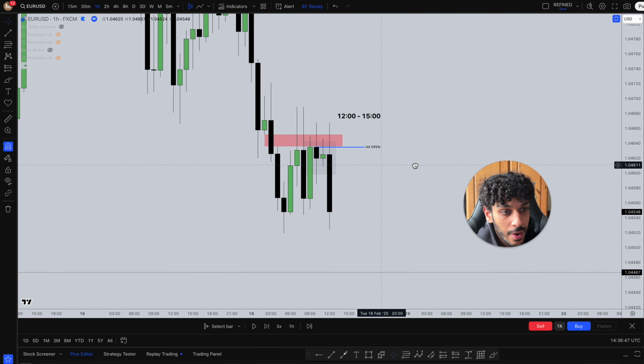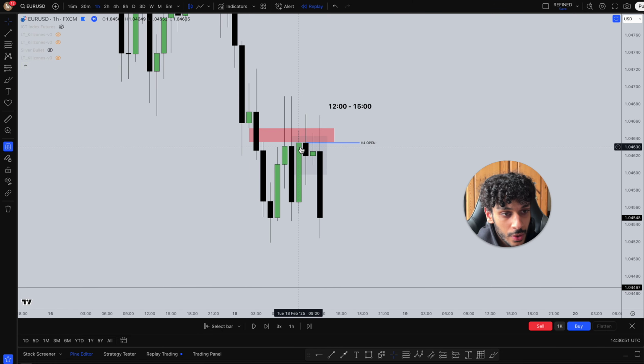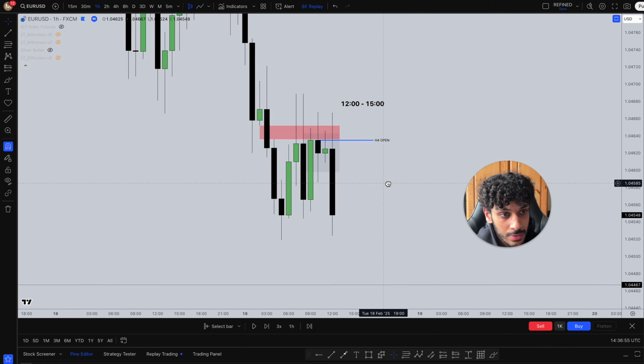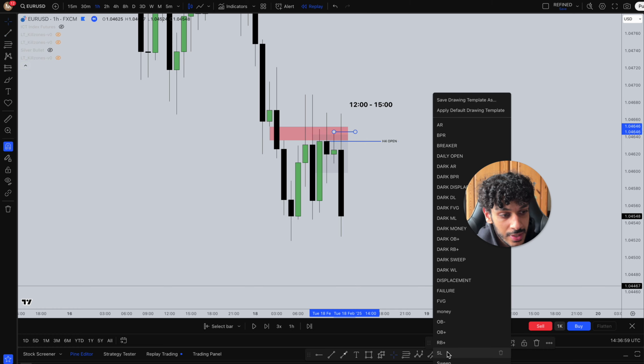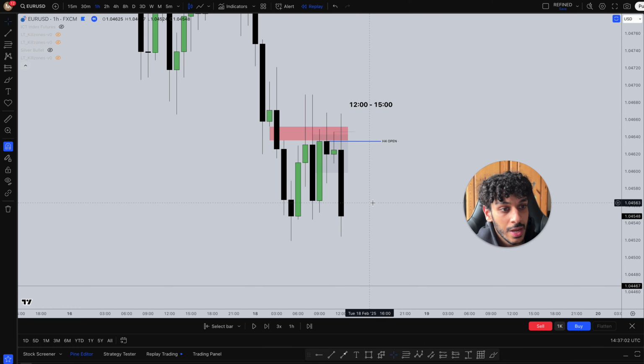So think about what's happened in the life cycle of this 4-hour candle. First of all, we respected this hourly level. Second of all, we ran out a previous candle's high. Essentially, imagine we're on the daily time frame right now. If you had seen a daily candle sweep and then close lower like this, you'd be biased bearish now, yeah?